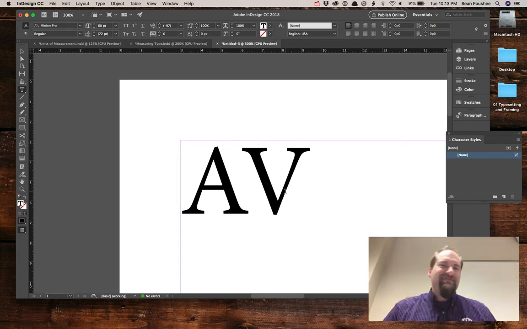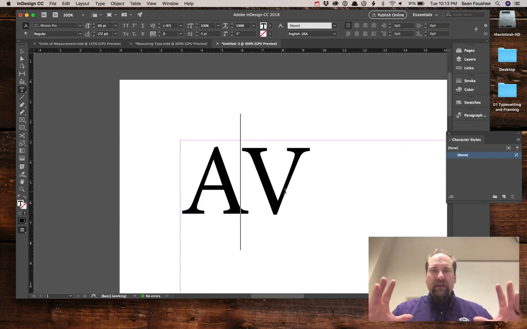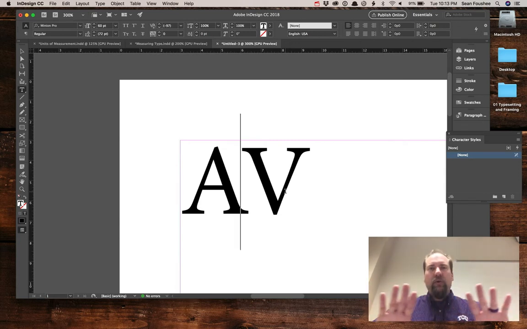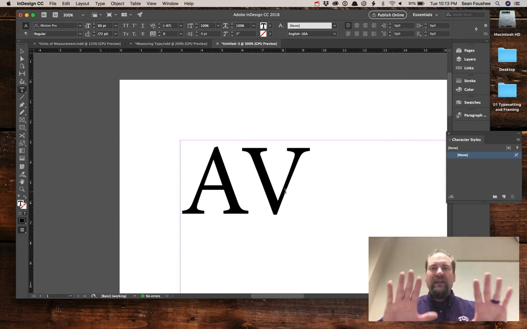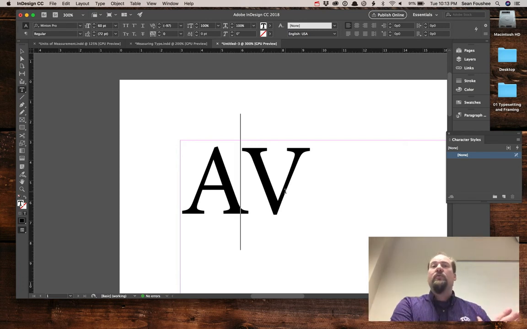Other times, not so much, especially when you're dealing with larger type, things like titles or headings. You may need to go in and individually adjust the kerning between two characters to bring those characters closer together or further apart to create a consistent amount of spacing horizontally across the word.